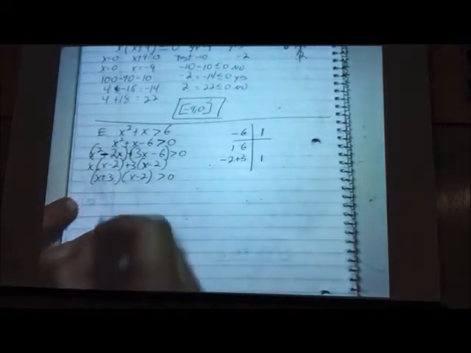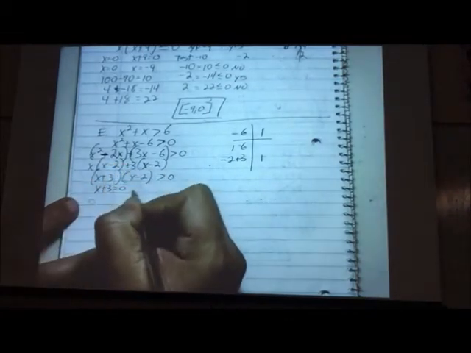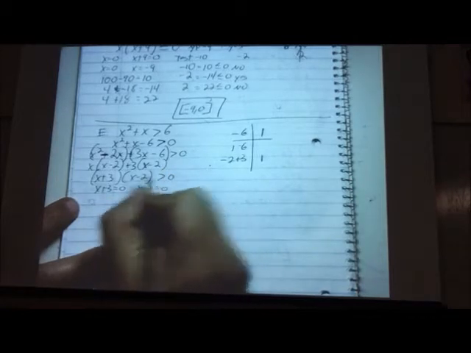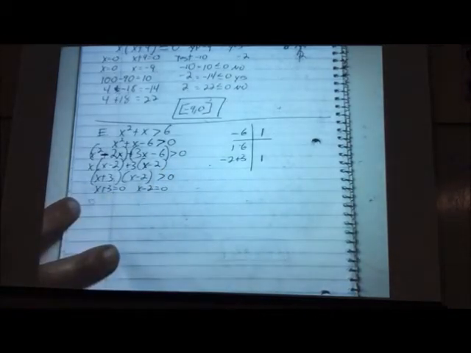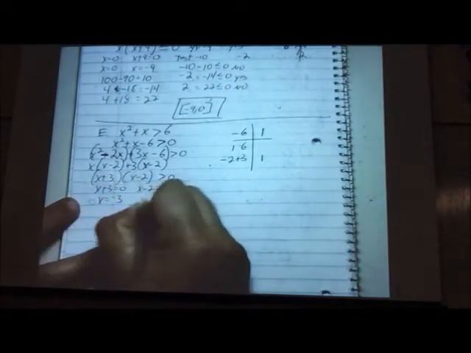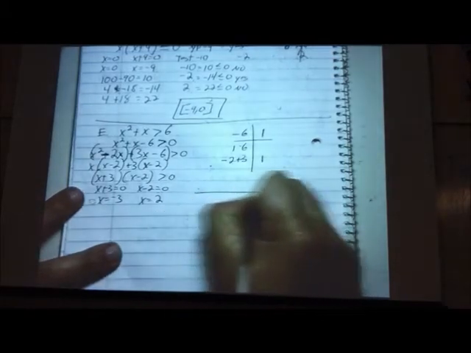Set to 0. x plus 3 equals 0. x minus 2 equals 0. Once you get to this point, you need to solve for x. When you solve for x, you get x equals negative 3, x equals 2. What's the next thing I need to do? Number line.